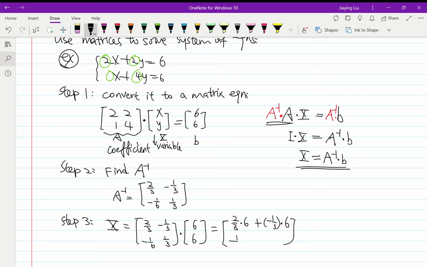So that will give us, if we do everything correctly, 2 from the first element and 1 from the second element. So these are the entries of the variable matrix X. So this is the X value and the Y value.